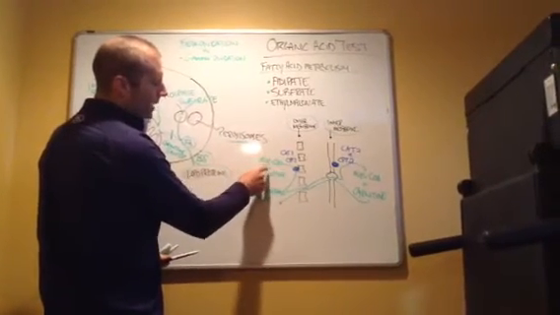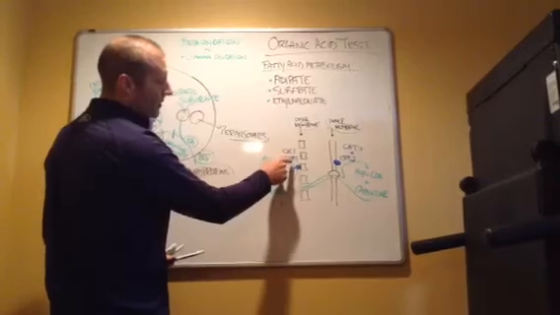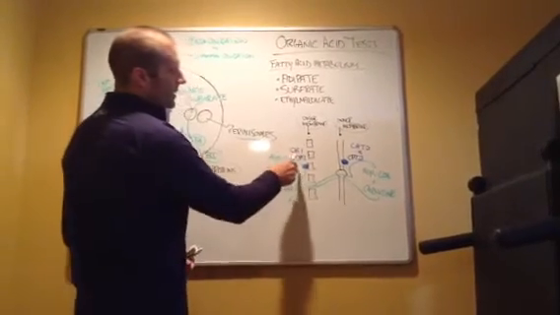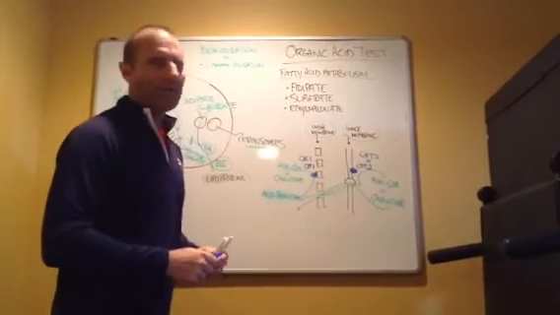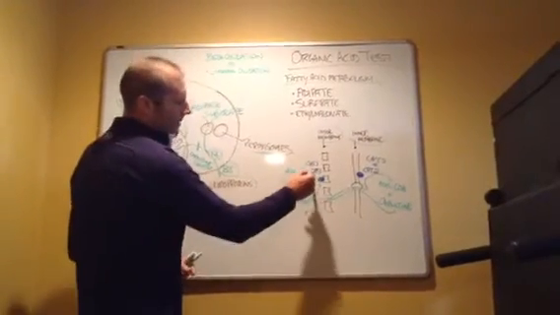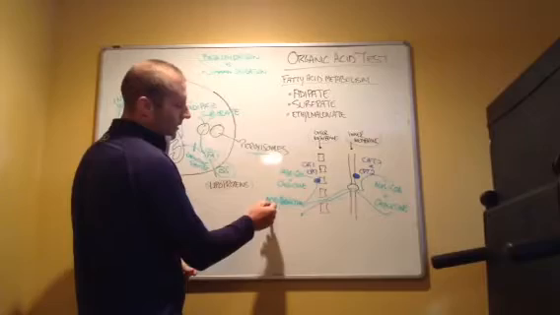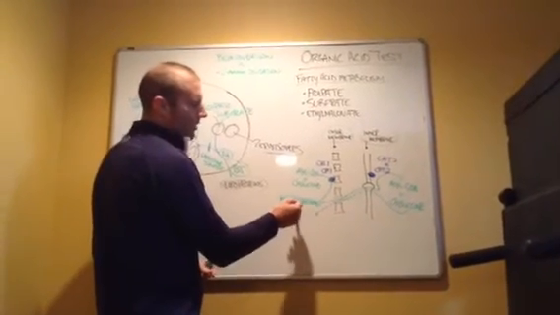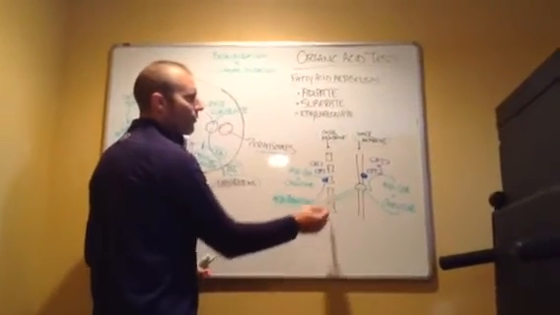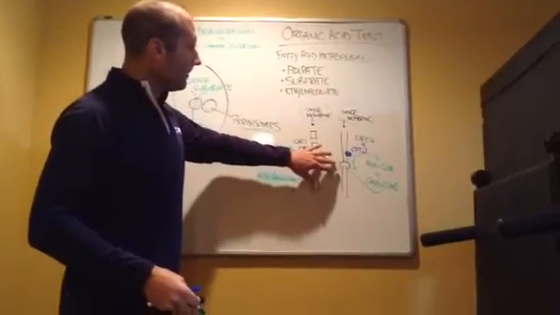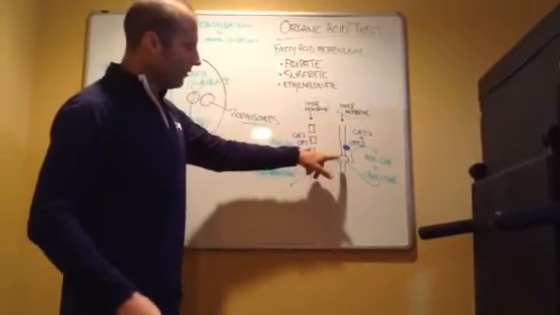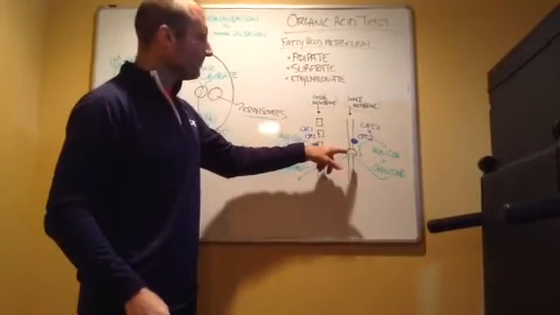Acyl-CoA plus the carnitine go through an enzymatic reaction with CPT1, or CAT1, carnitine acyltransferase, and that reaction creates acylcarnitine. Acylcarnitine can then work its way through the outer membrane and into the inner membrane area via a translocase protein.